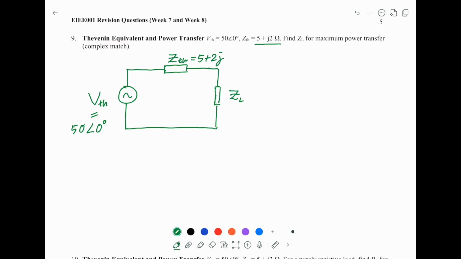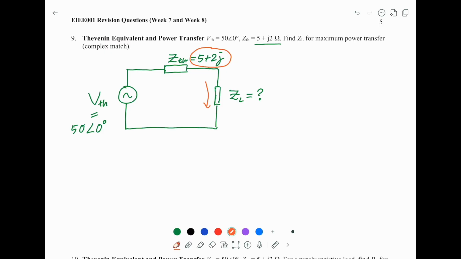Now the question is, what value of this complex impedance of the load do you choose such that the maximum power will dissipate on the load? And the theory says it's very easy. All you need to do is choose the complex conjugate of your Thevenin impedance.